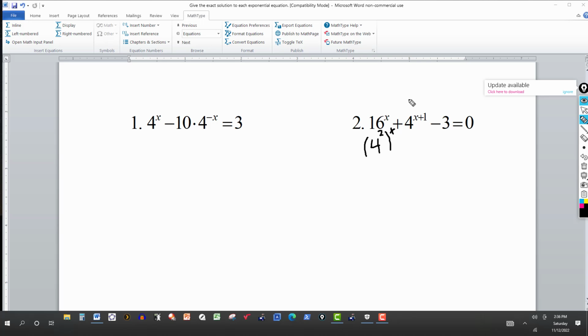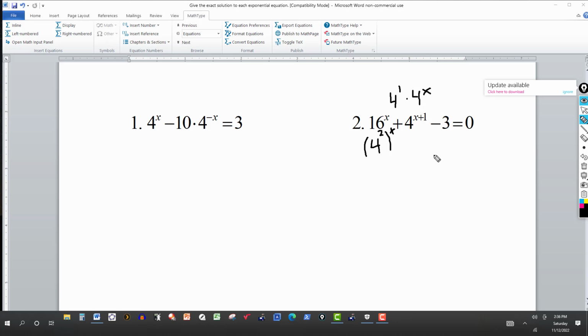And then on this one here, 4 to the x plus 1, that's the same thing as 4 to the x times 4, because this is understood to be 1. When you multiply powers of the same base, you bring down the base, that's 4 there, and add the exponents, x plus 1.